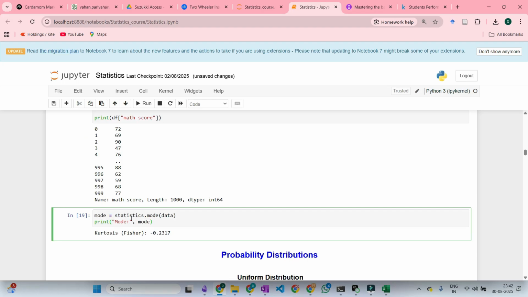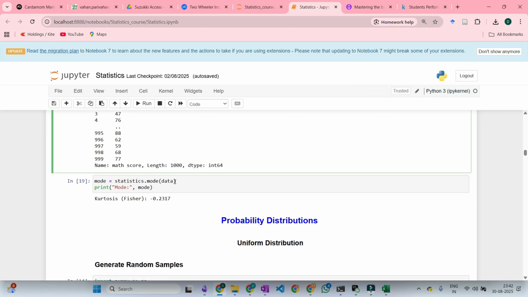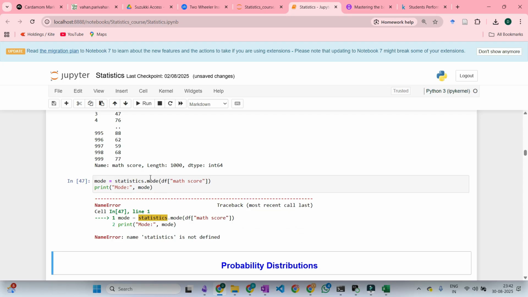Okay, so let us find the mode first. Here the data is df max score. So you can find the mode.